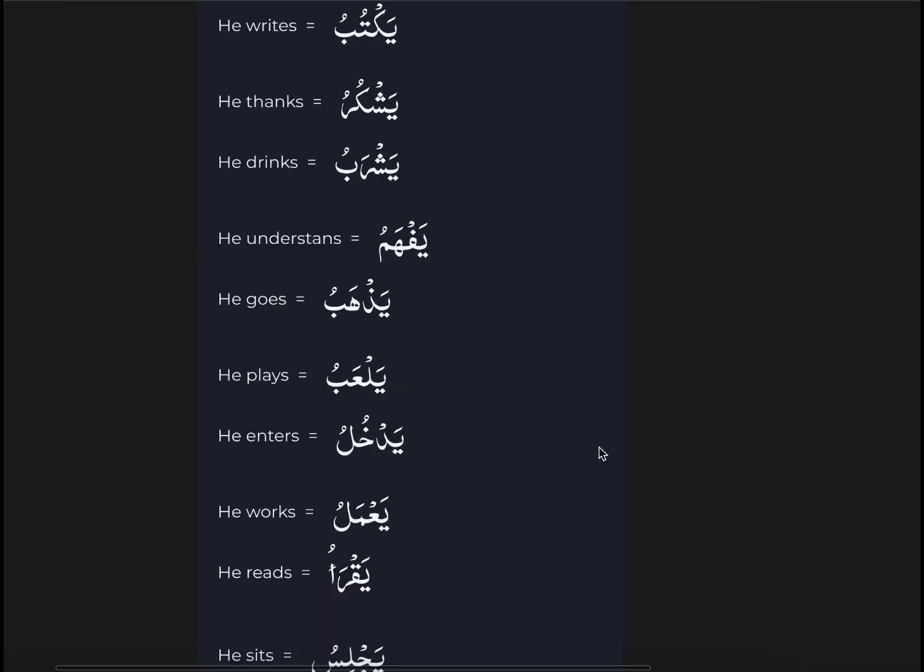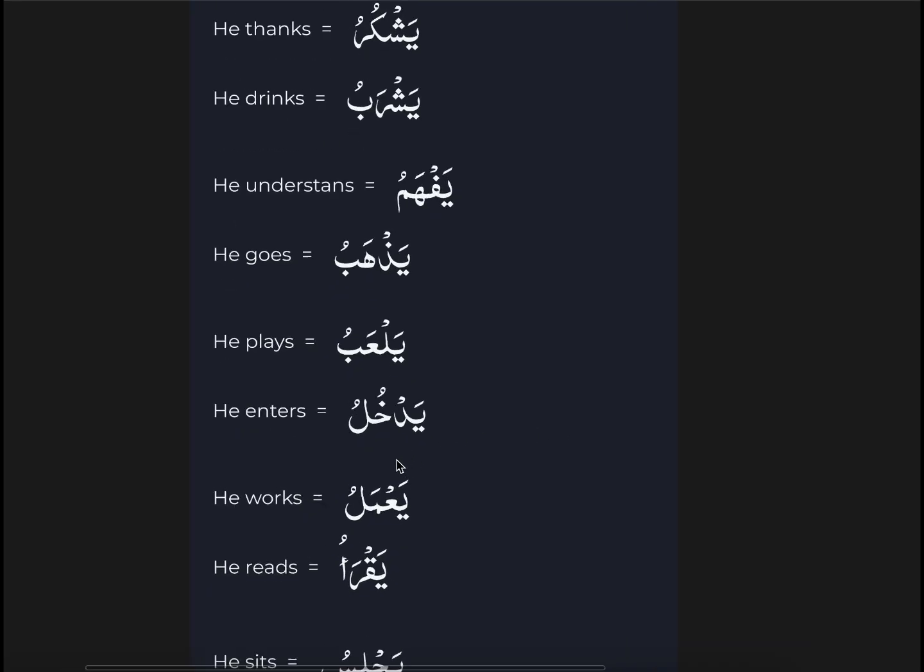Let me show you how you can use ChatGPT practically. So let's say that you don't understand this word, yadkhulu. You see this word and you're like, what does it mean? I don't know. What does yadkhulu mean? Is it present or past? I don't know.